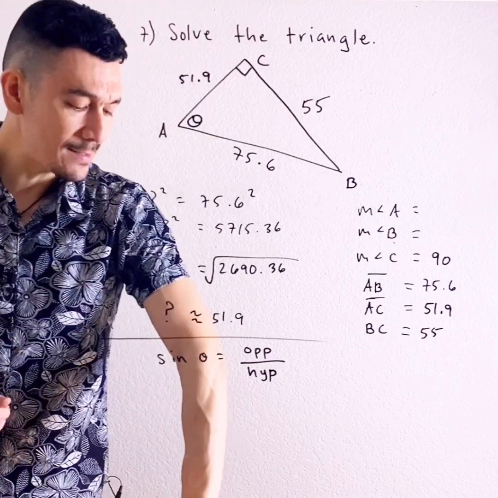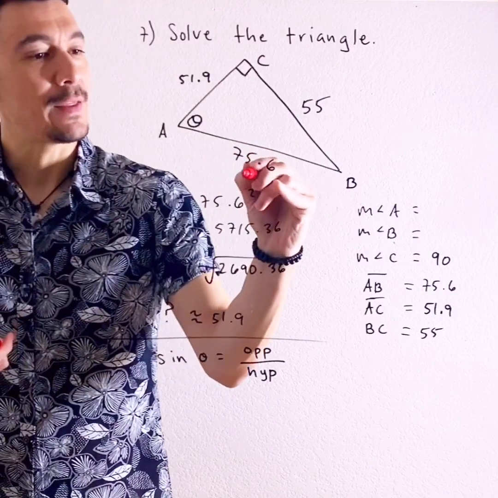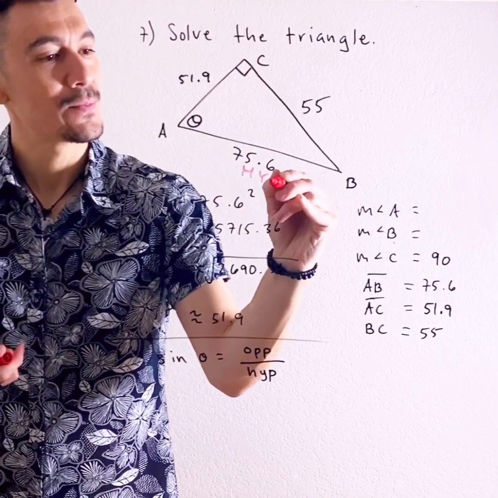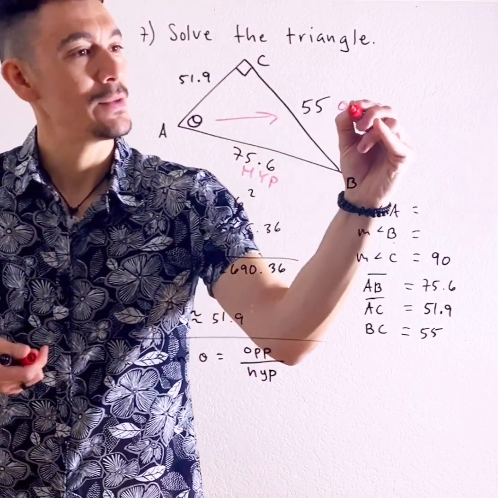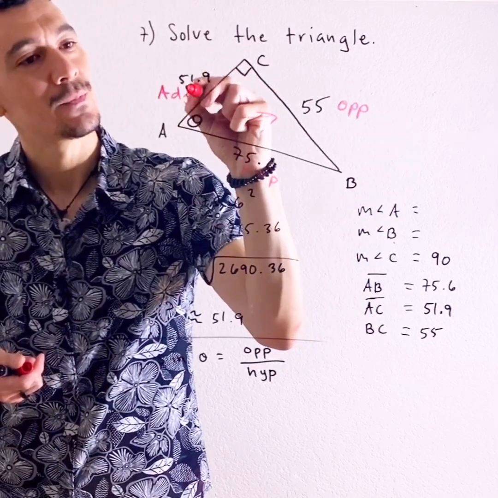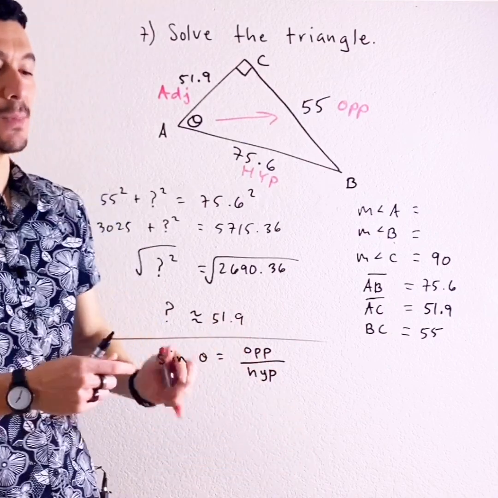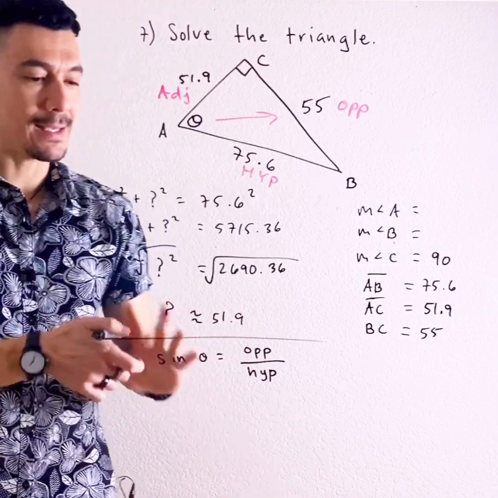Now, we decided to live right there. So label things. This is your hypotenuse. Across from you is your opposite. And this is your adjacent. Now, let's try to complete and fill out this model. Sine stays sine.